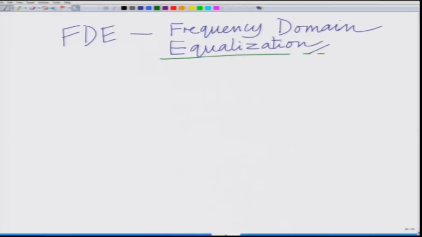Remember, equalization is for ISI removal, that is to remove the inter-symbol interference. And previously we have seen two different techniques. So this is FDE, which is frequency domain equalization.